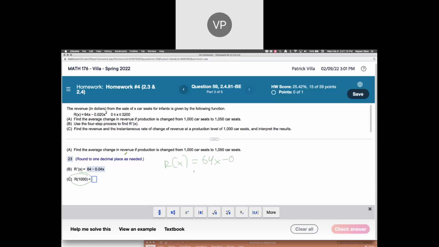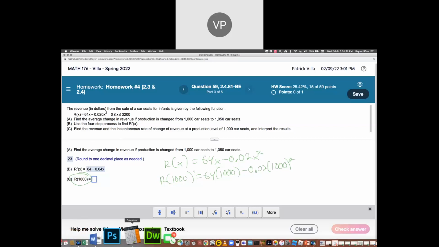64x minus 0.02x squared. This is where I need to plug in the 1,000. 64 times 1,000 minus 0.02 times 1,000 squared. Okay, so try that calculator one more time.